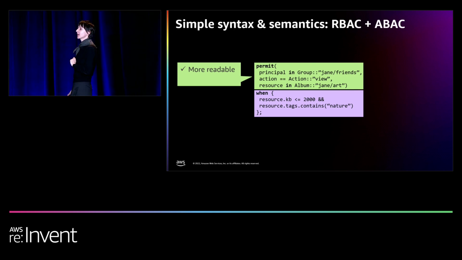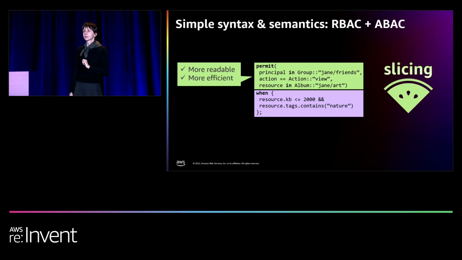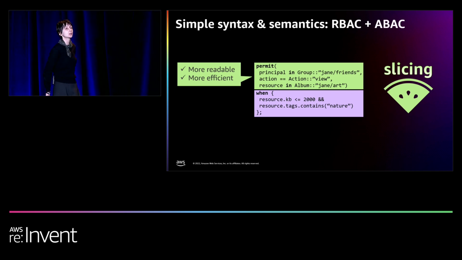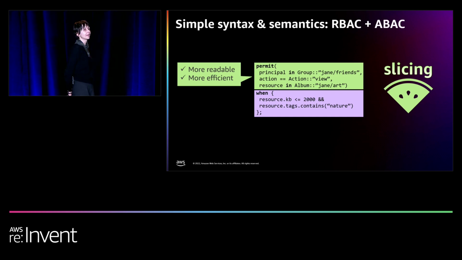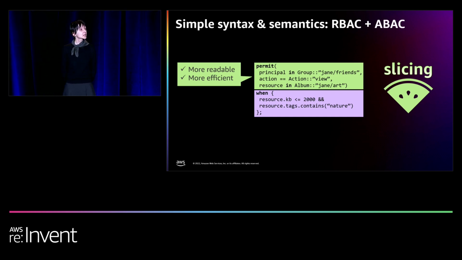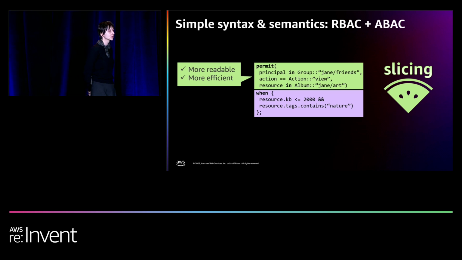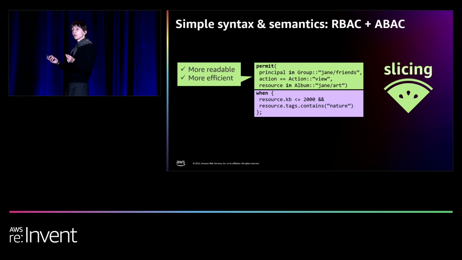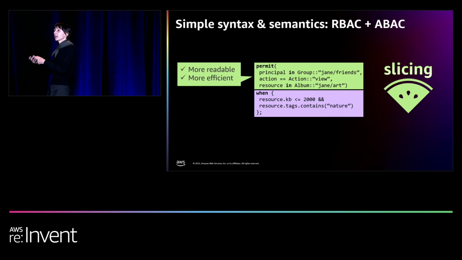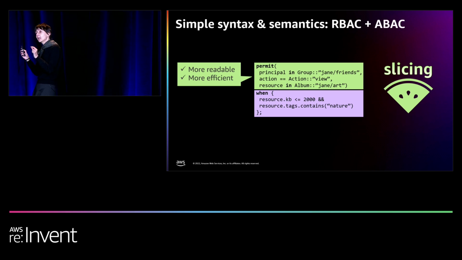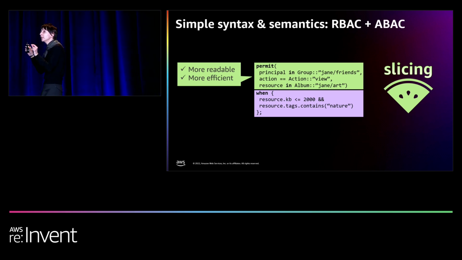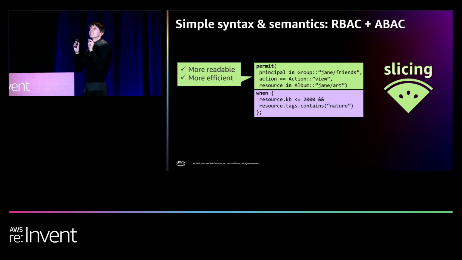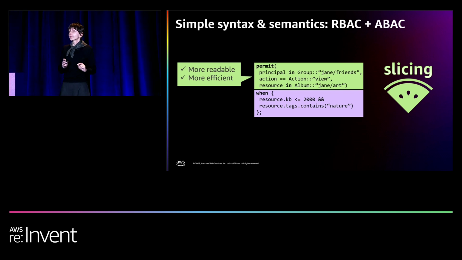The second reason is that if you write your policy this way, policy evaluation is going to be much more efficient. The reason is that we designed Cedar to have a property called slicing. This property means that it is possible to correctly evaluate an authorization query against a small subset of all the available policies and all the available data in the data stores, and get the exact same authorization result, including error messages, that you would get if you were to evaluate this request against the full store.